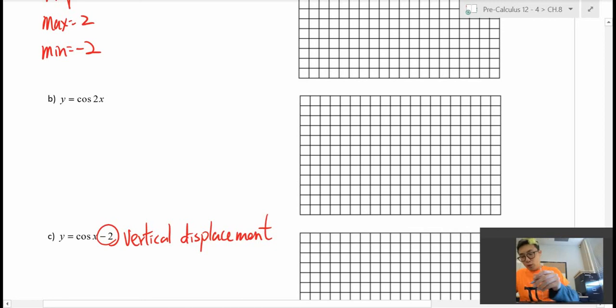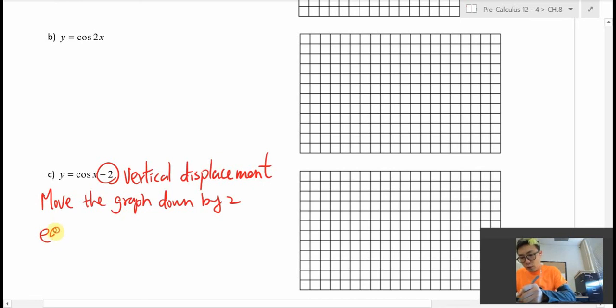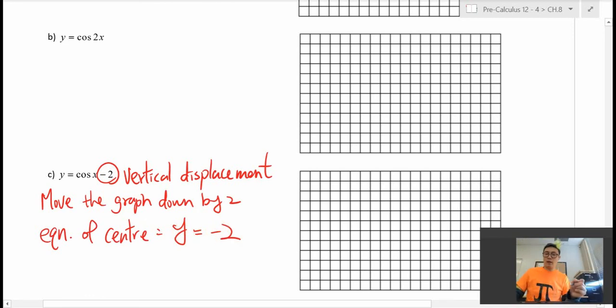So this means we move the graph down by 2. So the equation of the center line is now going to be y equals -2. So that's where the center line is now.